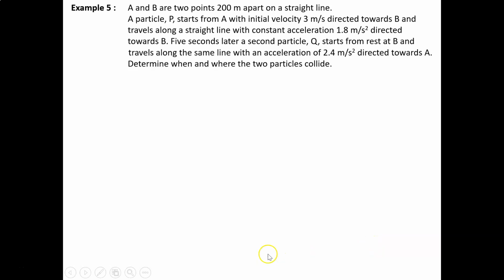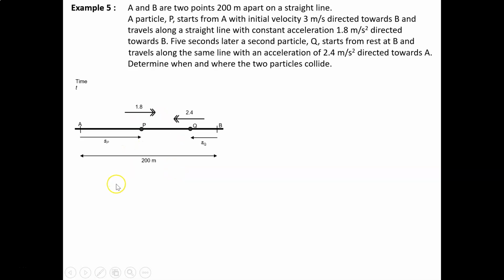So we've got two situations. So we're going to have simultaneous equations again. So setting up the scenario, 200 meters between A and B. P travels from A. So that's the displacement of P, S of P, and it's traveling at an acceleration of 1.8.